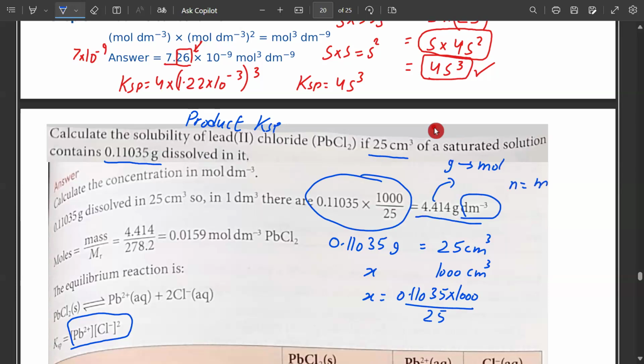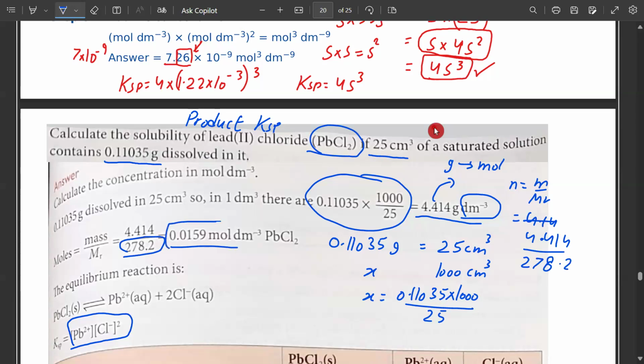The formula of mass over Mr is used here. The mass is 4.414, and the Mr value will be used from the periodic table. Just use the value from the periodic table and it will come out to be 278.2. So divided by 278.2. So this is the value in mole per dm cube.